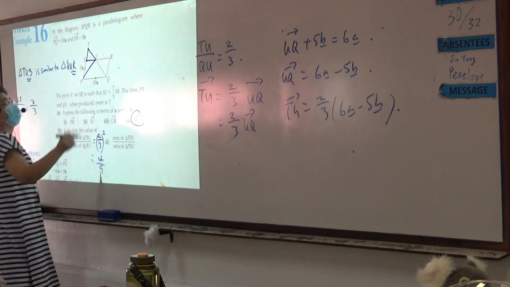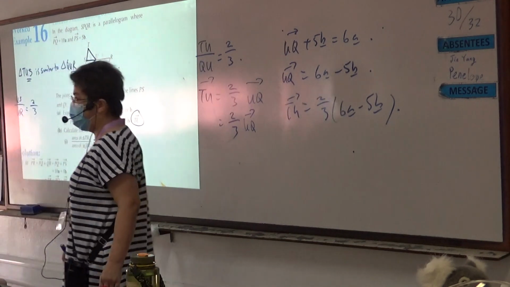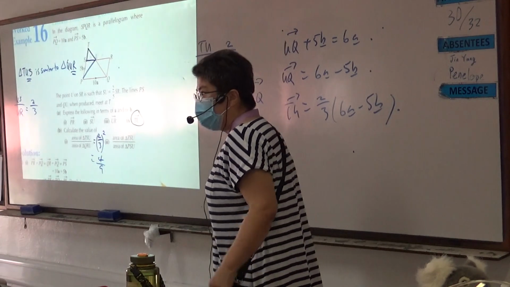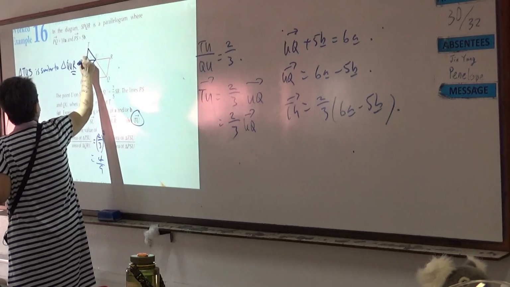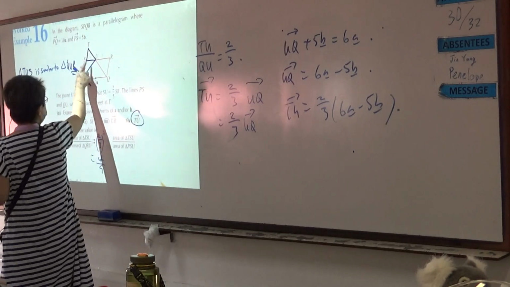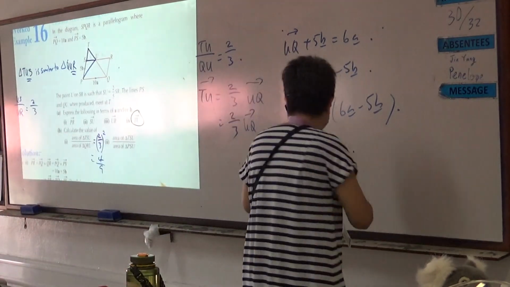This triangle. Can you see it's a bit difficult already? Hey, I'm talking to you. Are you okay? They want to find this triangle, TSU and PSU. Now, I want you to look at something. I'm going to enlarge the diagram over here.